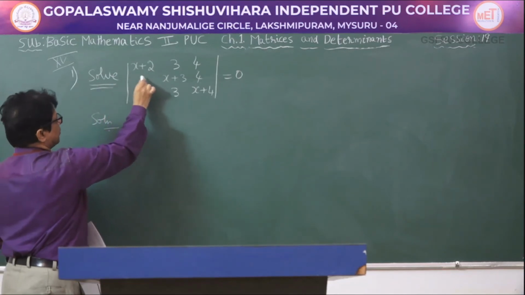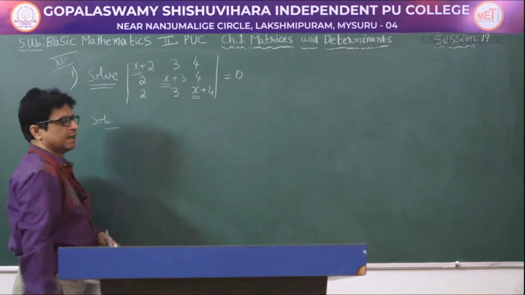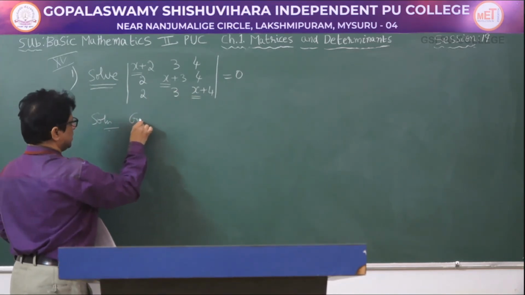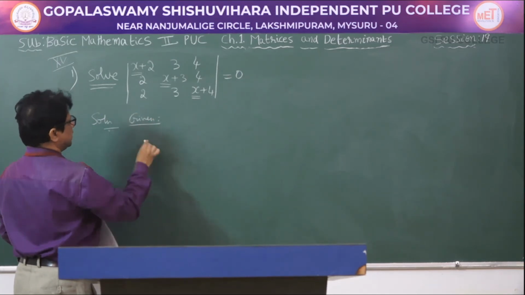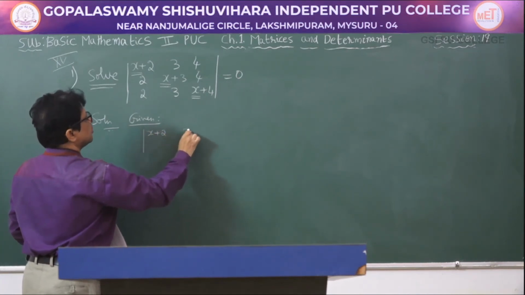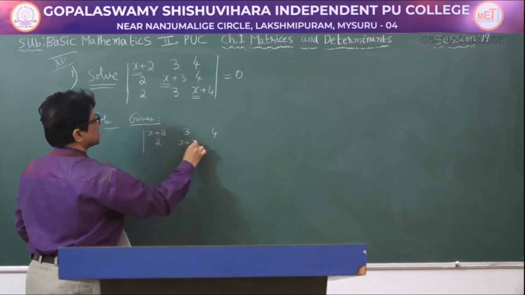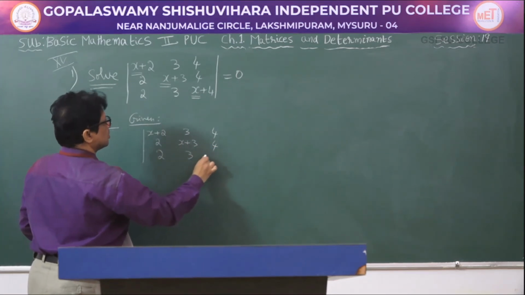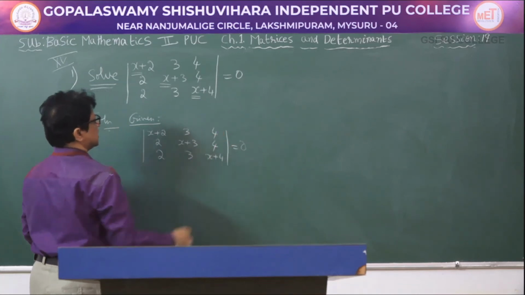So that means we have to find the value of x in this given determinant. So what is the given data? That is determinant of x plus 2, 3, 4, 2, x plus 3, 4, 2, 3, x plus 4 will be equal to 0.